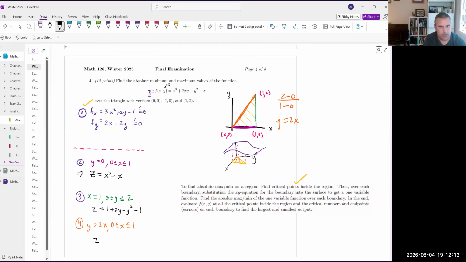And for the last one, if you plug in 2x for y, you get x cubed plus 4x squared minus 4x squared minus x.